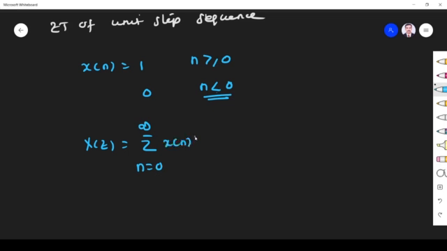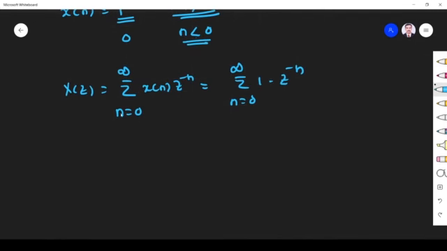For n from 0 to infinity, x of n is 1, so 1 into z power minus n. This I can write as the summation, n from 0 to infinity, of z power minus 1 to the n.